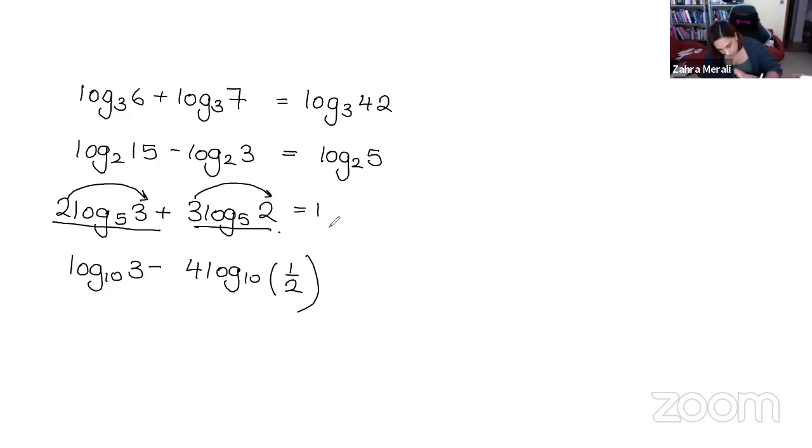So we'll get log 5, 3 squared, which is 9, plus log 5, 2 cubed, which is 8. And then we've got 9 times 8, which is 72. So we've got log 5, 72.